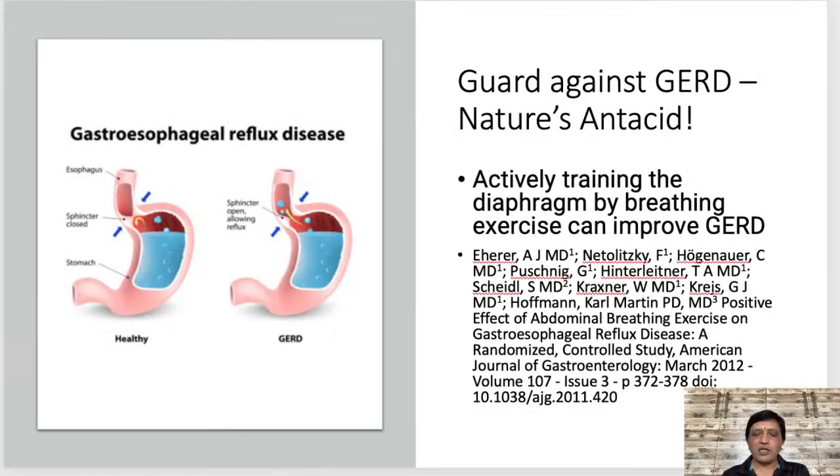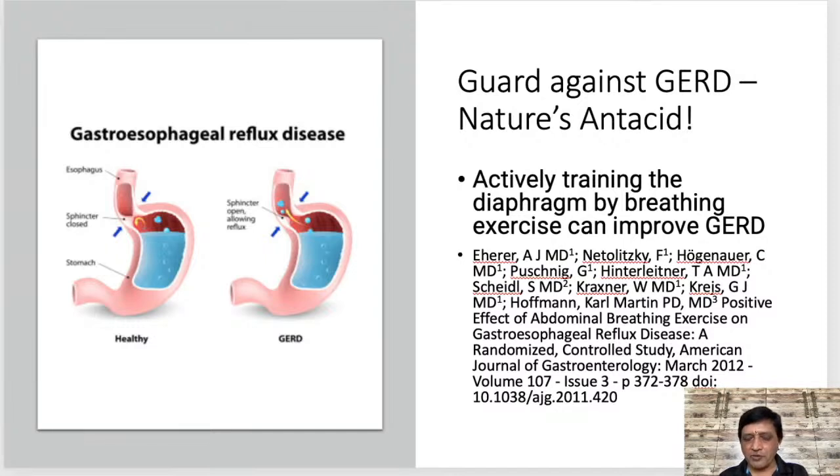Then this abdominal breathing can be a good guard against the GERD. GERD means gastroesophageal reflux disease, which is normally called heartburn or gastric related disorder. In such cases, this is of great use.